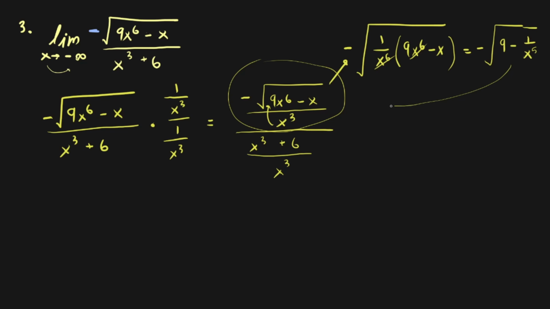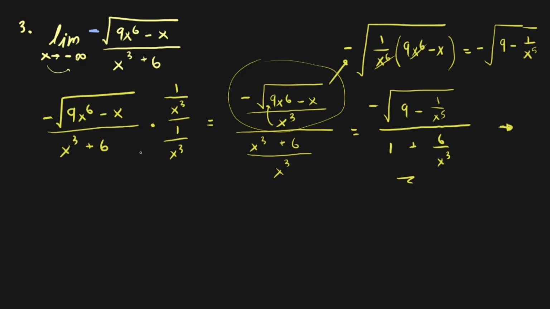Now we can put this back in our numerator, and in the denominator, x cubed over x cubed is just 1 plus 6 over x cubed. And we have the negative square root of 9 minus 1 over x to the 5th. But now we can take the limit of this guy.